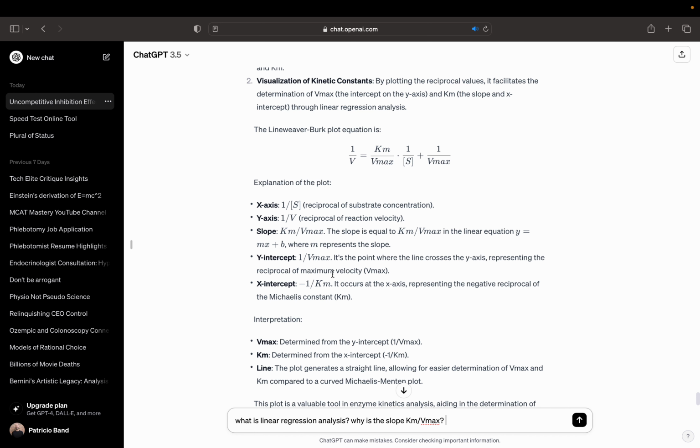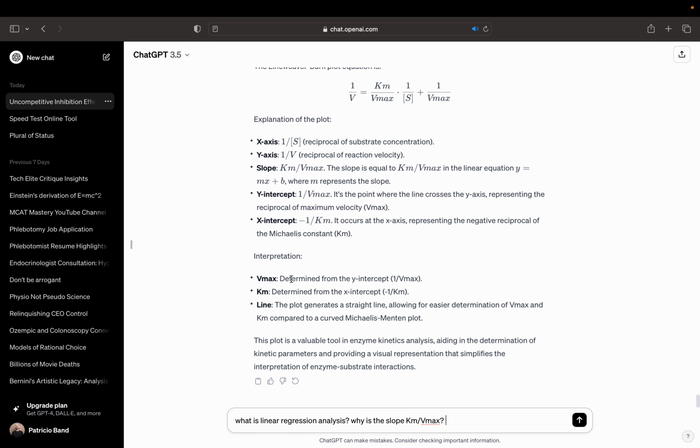And minus 1 over Km occurs at the x-axis, representing the negative reciprocal of the Michaelis constant. So Vmax is determined from the y-intercept, 1 over Vmax. The Km is determined from the x-intercept. The plot generates a straight line, allowing for easier determination of Vmax and Km compared to a curved Michaelis-Menten plot. This plot is a valuable tool in enzyme kinetics analysis, aiding in the determination of the kinetic parameters and providing a visual representation that simplifies the ES interactions.